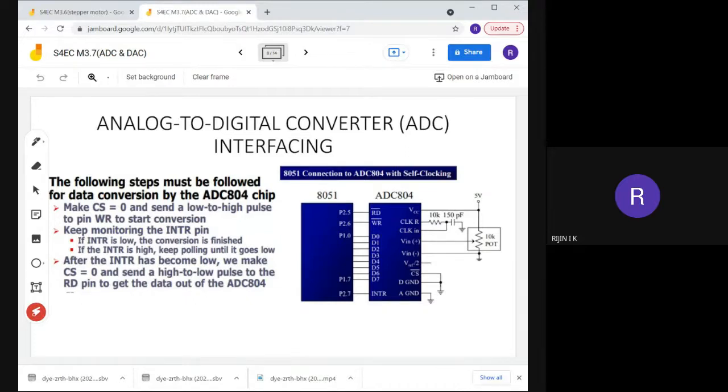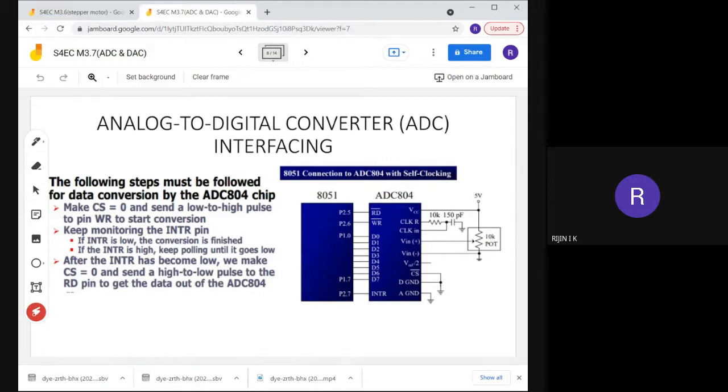Polling means we need to keep on checking. When INTR becomes 0, we can read the data. For that we can use the RD pin, a low signal on the RD pin, to read the data. So these are the operations.